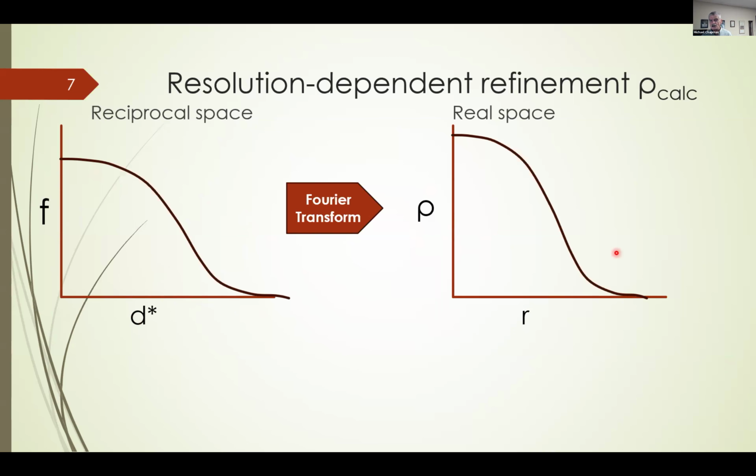And on the right, we have its Fourier transform, which is strength of density versus distance from the atomic center. This approach is perfectly general, and it can be used to calculate the expected map for X-ray, neutron diffraction, or electron microscopy, as long as you're using the appropriate scattering factors.